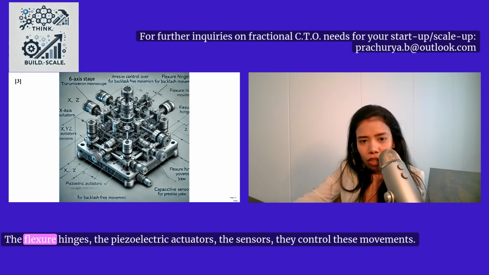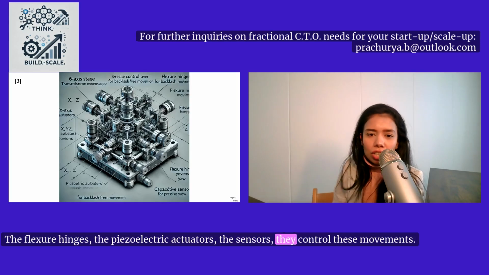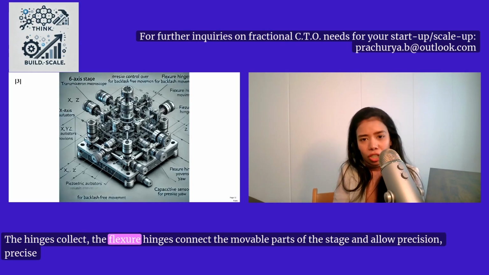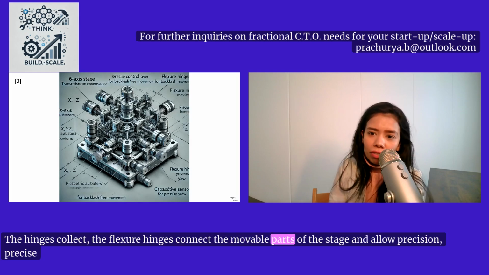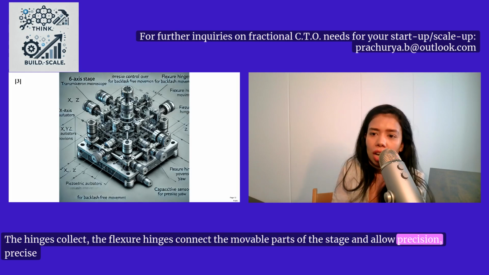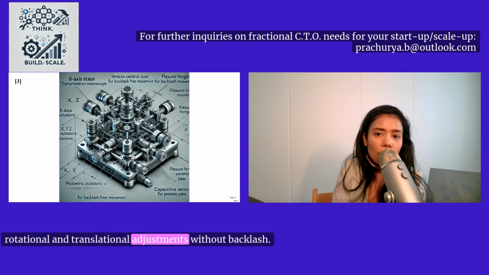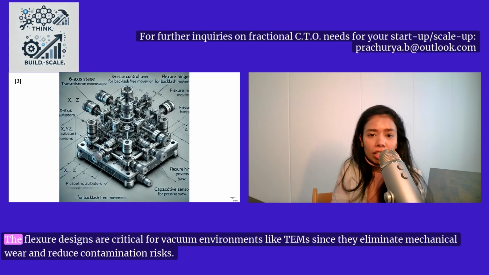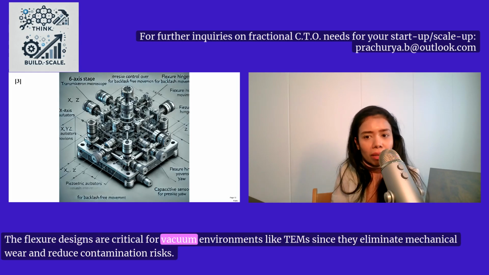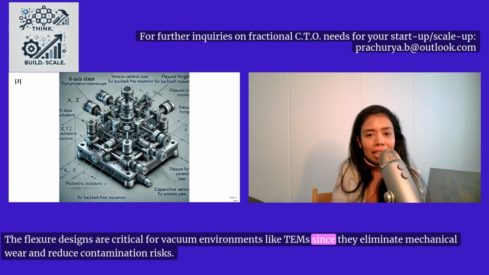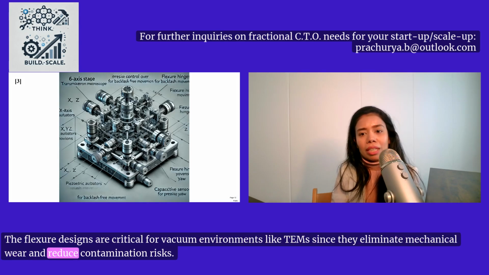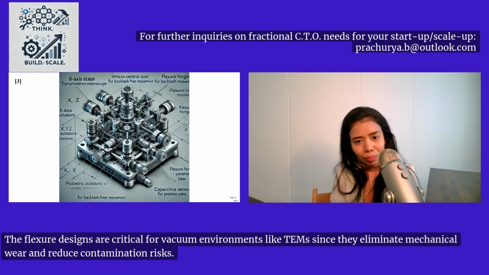The flexure hinges, the piezoelectric actuators, and the sensors control these movements. The flexure hinges connect the movable parts of the stage and allow precise rotational and translational adjustments without backlash. The flexure designs are critical for vacuum environments like TEMs, since they eliminate mechanical wear and reduce contamination risks.